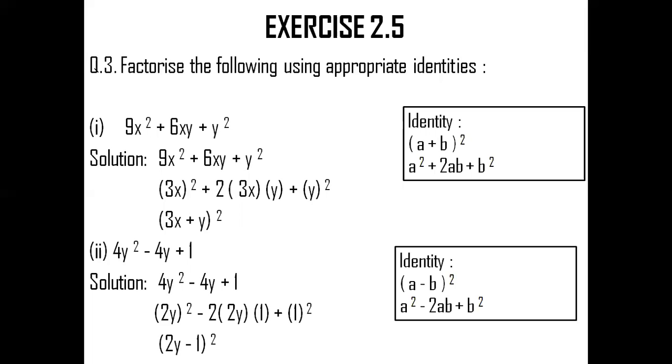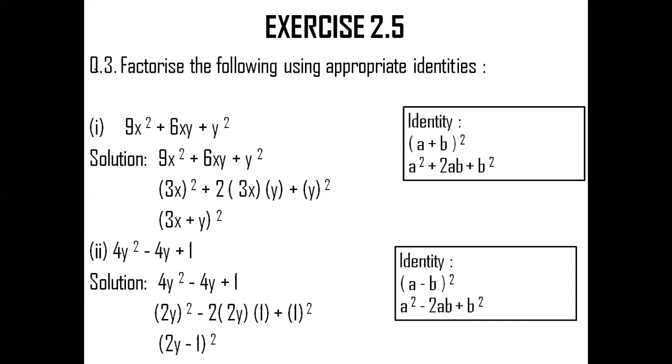But you will also have noticed that over there in those quadratic or cubic equations, what we had is three terms, yes, but then the first or the third term was not a perfect square. Whereas over here you will realize that the first and the third term is a perfect square. Yes or no? Yes. 9x square can be referred as square of 3x. y square can be referred as square of y.